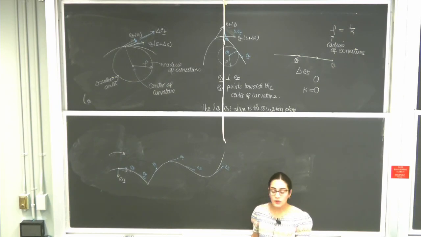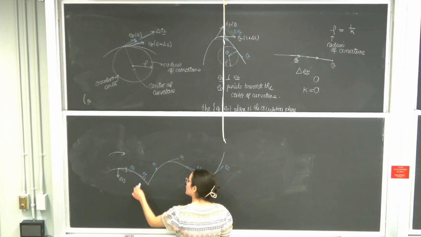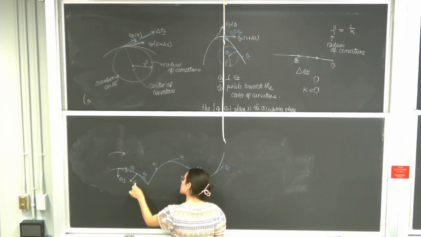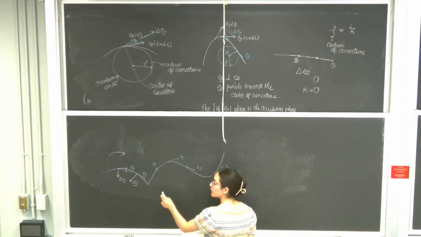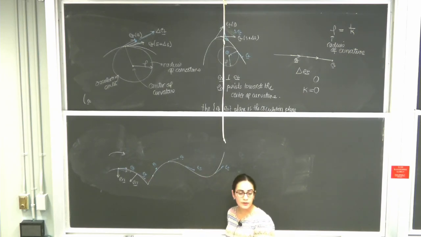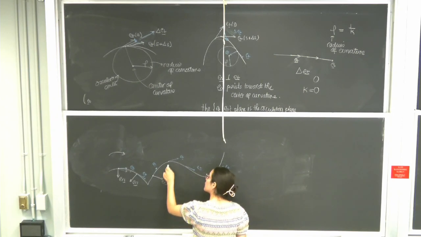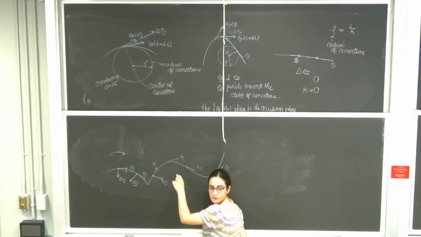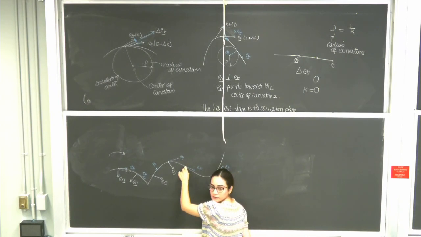So EN is always going to point towards the center of curvature. For example, here EN also points this way. What about here? Can you show me with your fingers where EN points? Cool. What about here? Yes. What about here?